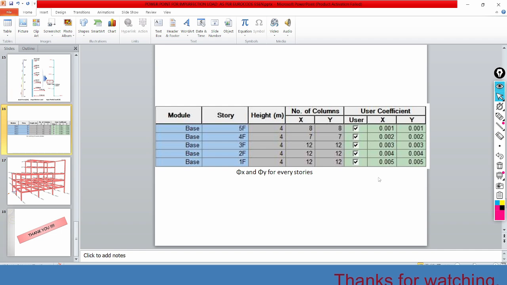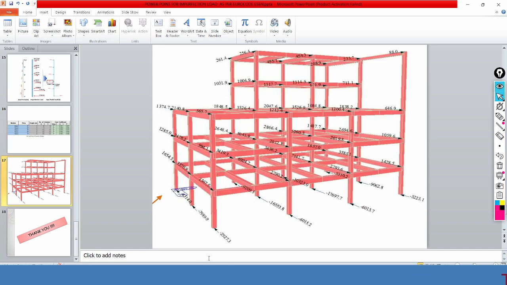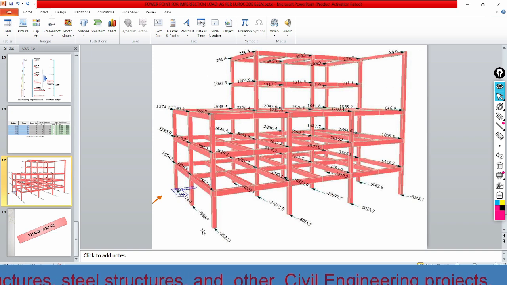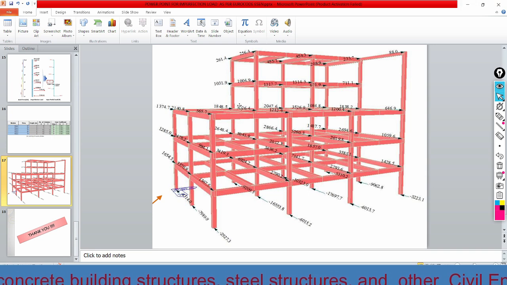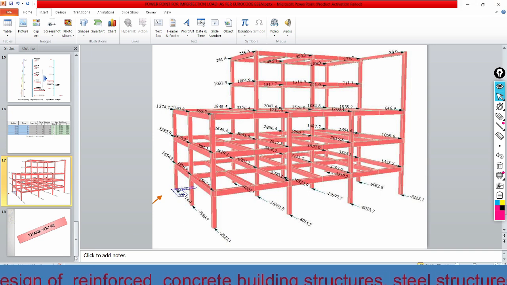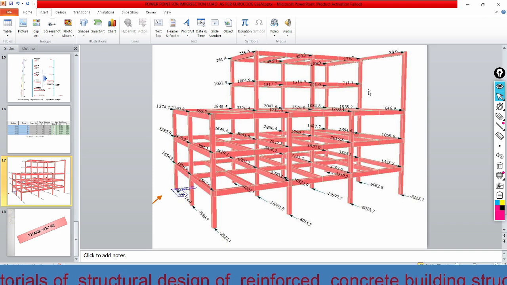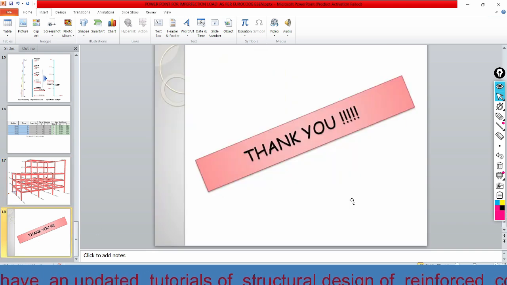So finally all those nodal forces will be applied on every node of the column based on the calculated nodal force results. So this is all for today.